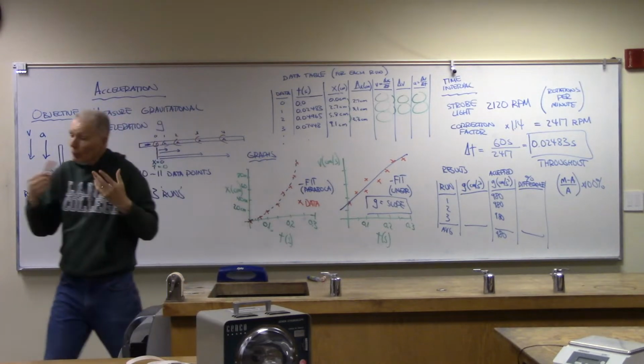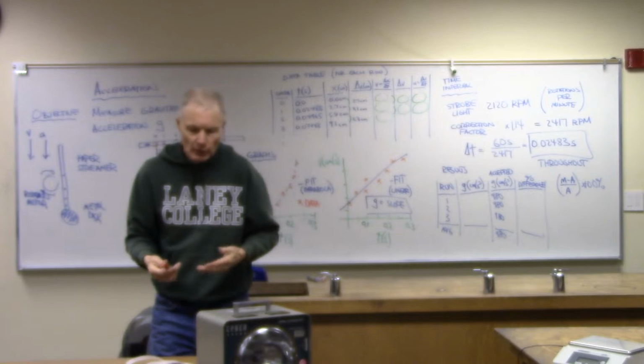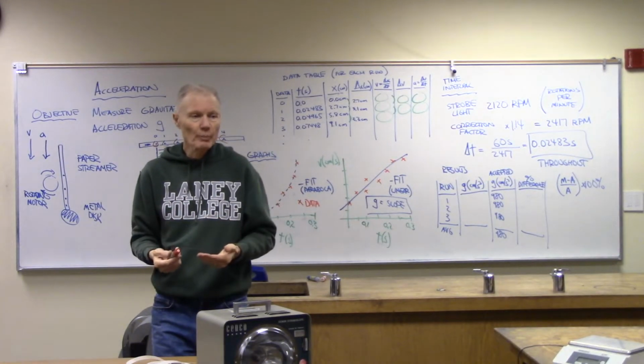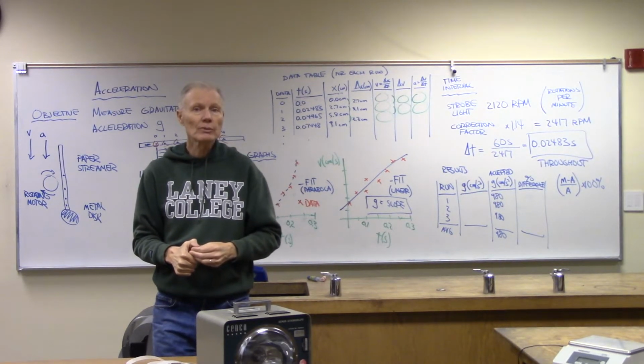Now, what we've been talking about in class is that the gravitational field creates a uniform acceleration on all objects if there are no other forces acting on those objects.